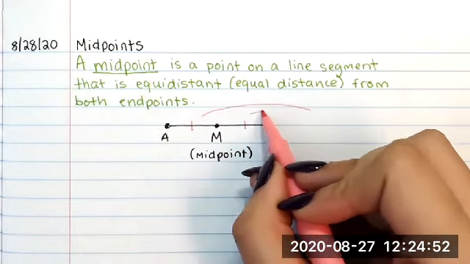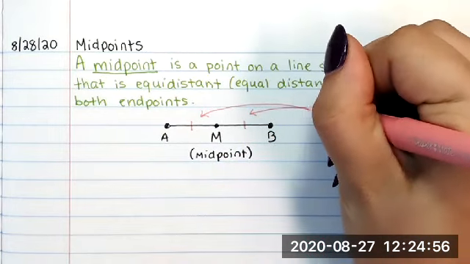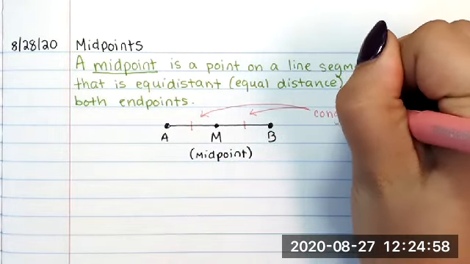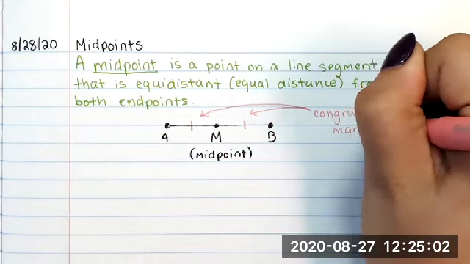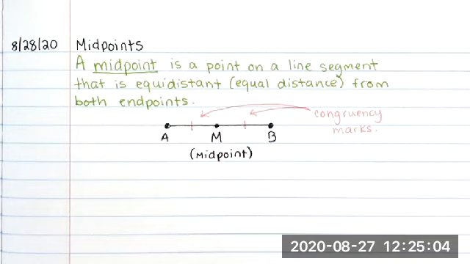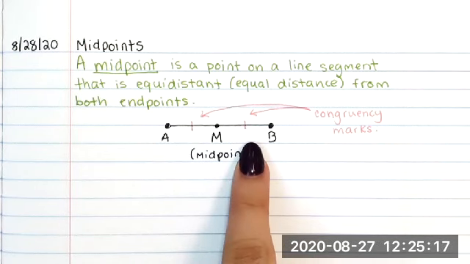So these tick marks are congruency marks. And recall, what does congruent mean? Equal, or having the same measure. So like I said, if this was a 2-inch line, then each of these would be 1 inch.